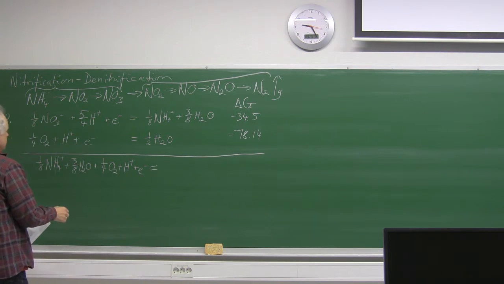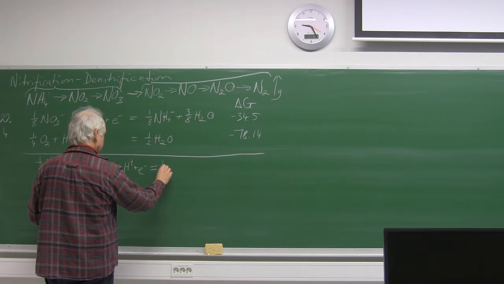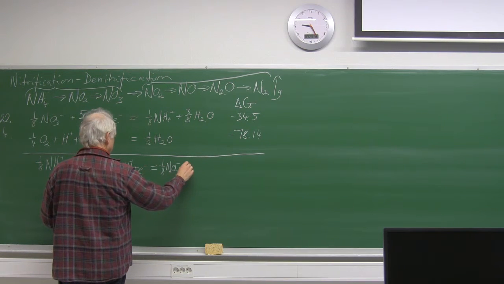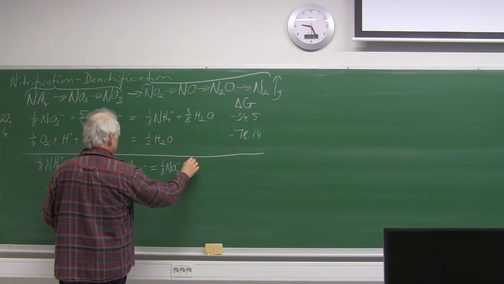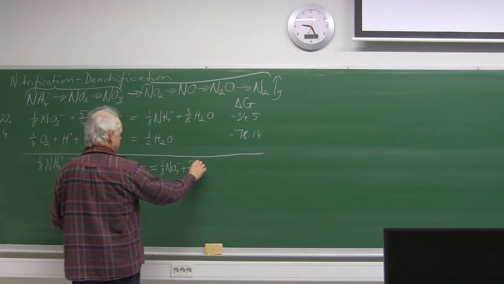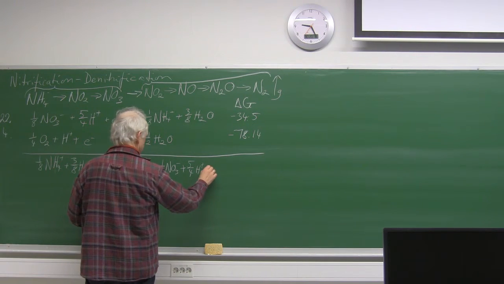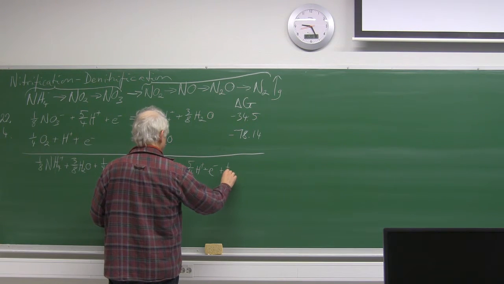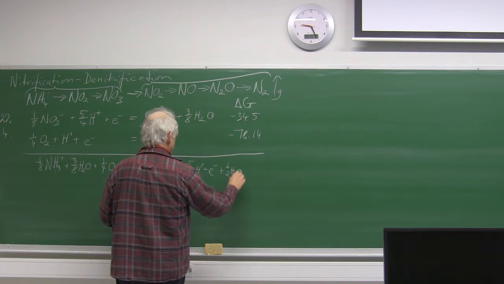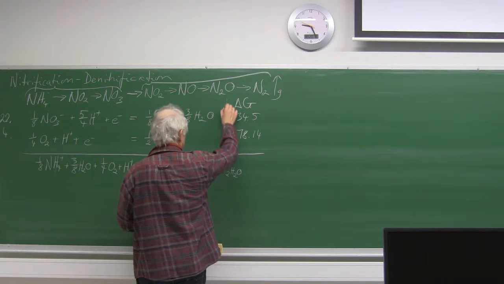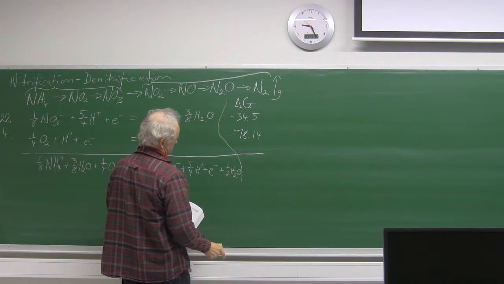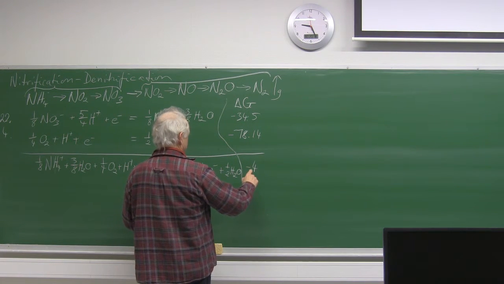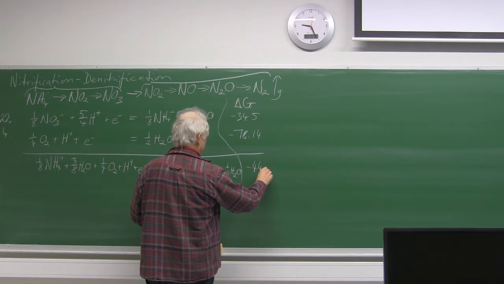This must then equal 1/8 NO3 plus 5/4 H plus, plus e, plus 1/2 H2O. And the delta G is 40 minus 44.0.